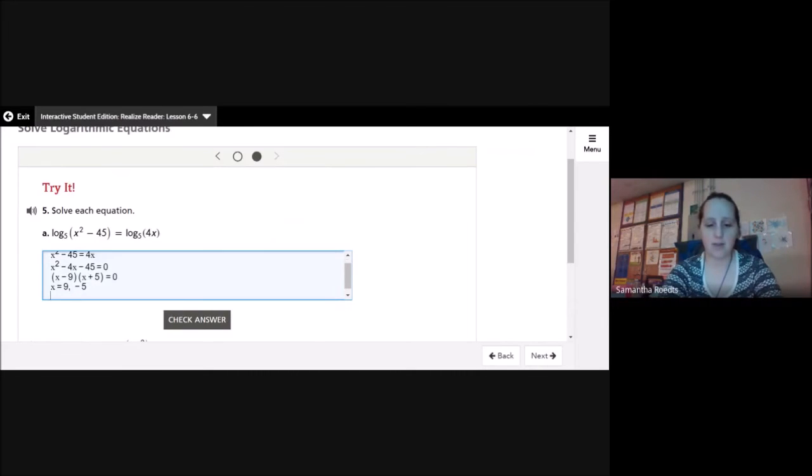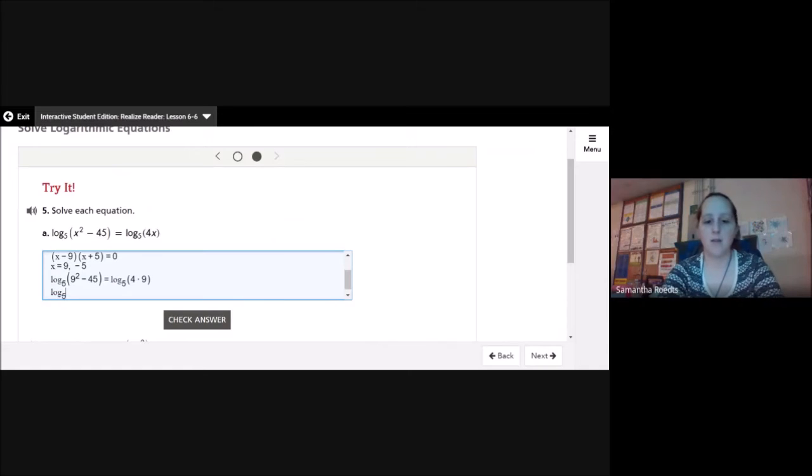Double check both of these. So log base 5. We'll do 9 first. 9 squared minus 45 equals log base 5 of 4 times 9.